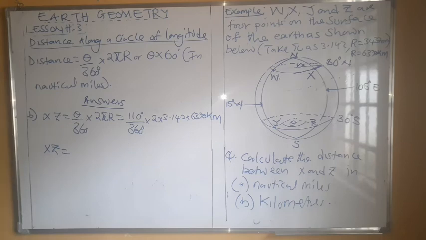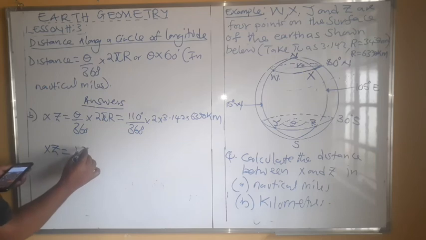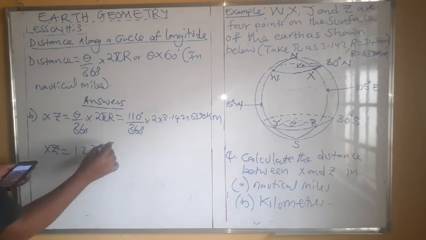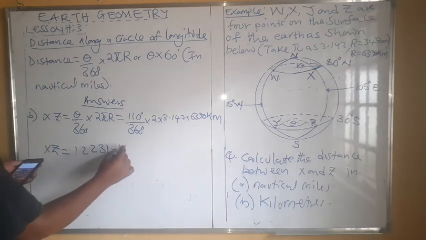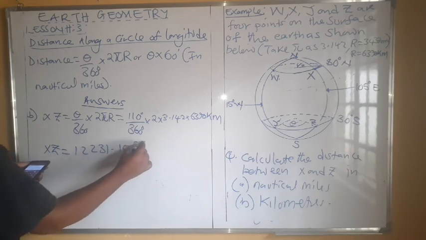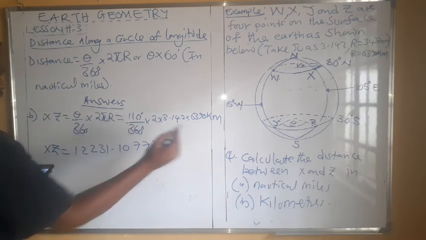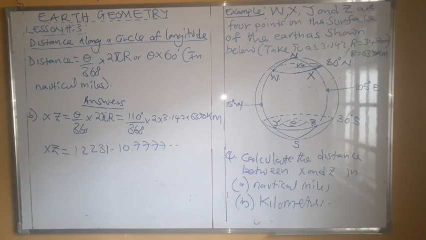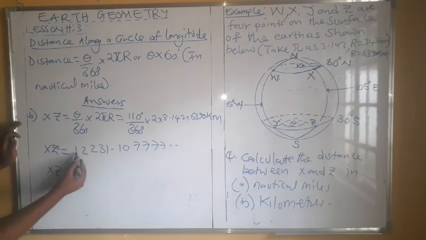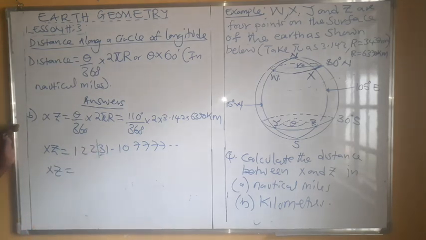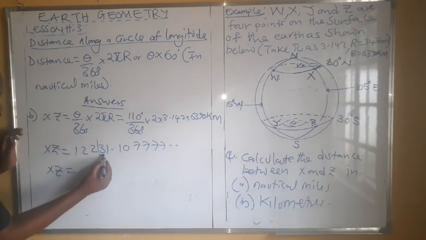My friend here has found 12231.1077777. There are a lot, you can write all of them. Then you round it off to 3 significant figures, if you're writing an exam under ICZ, that is the case. So you say 1, 2, 3, you cut down and consider this number as 0.